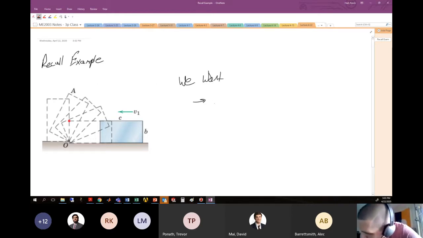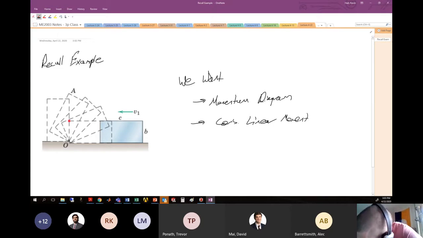a couple of things. Momentum diagram. Conservation of linear momentum in I hat and J hat. We wanted conservation of angular momentum, which will obviously be in K hat.